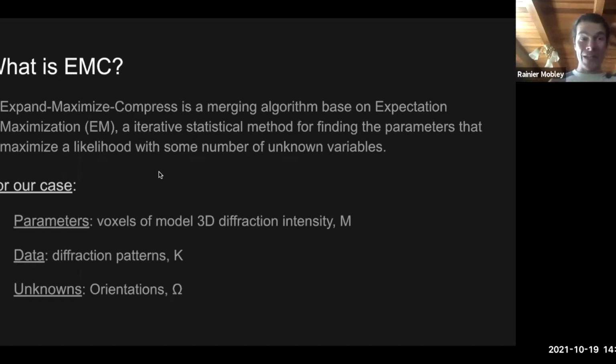So in EMC, this algorithm really is just a manifestation of this expectation maximization idea. The problem there is when you're trying to find the parameters that maximize the likelihood of your data given some unknown additional parameters.